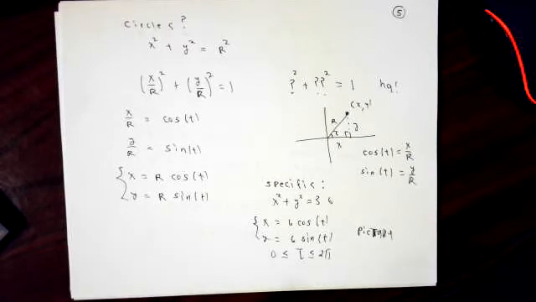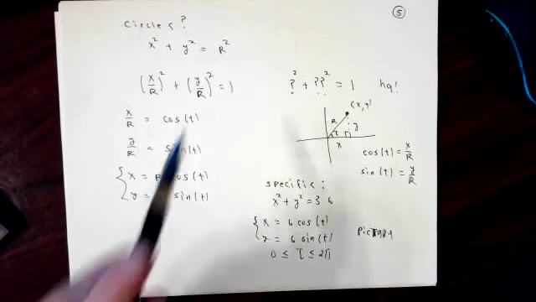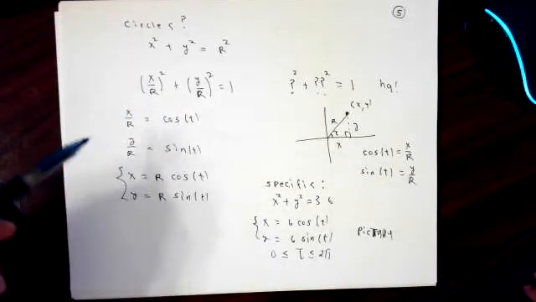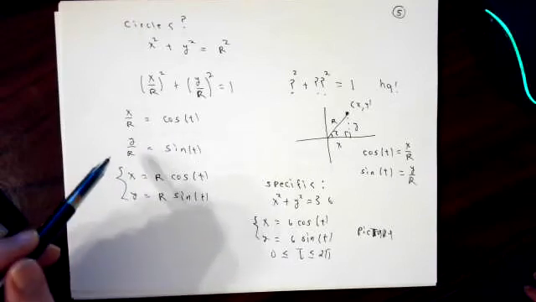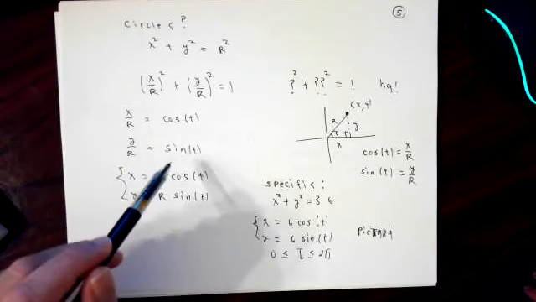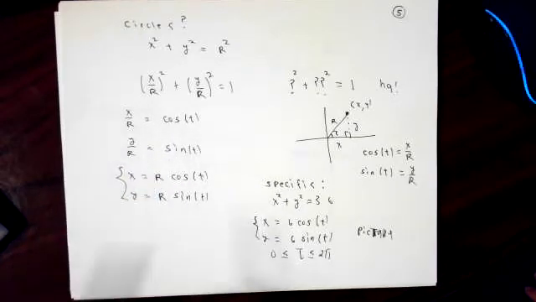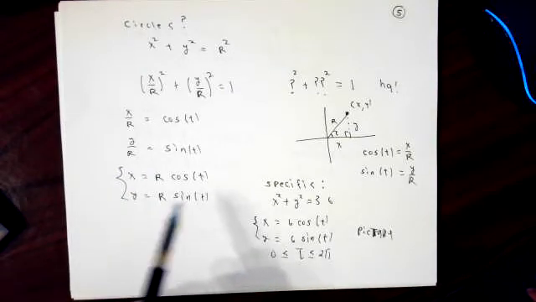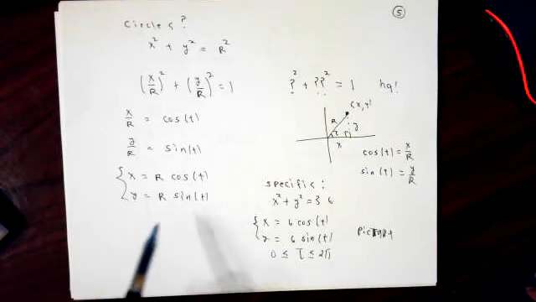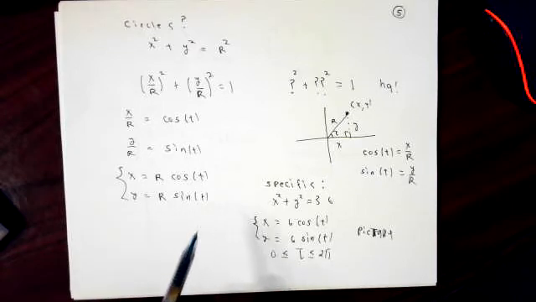So one way that I could describe a circle would be if x divided by r is cosine t, and y divided by r is sine t, or rearranging it very slightly, x is r cosine t, y is r sine t.